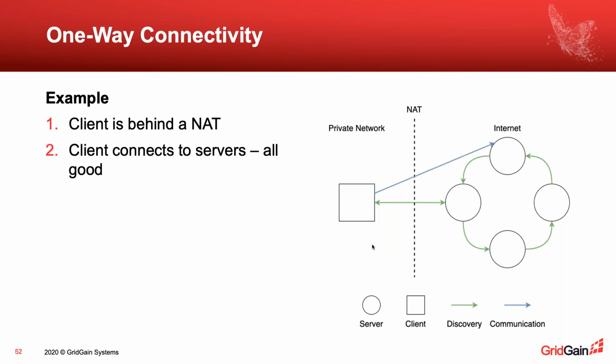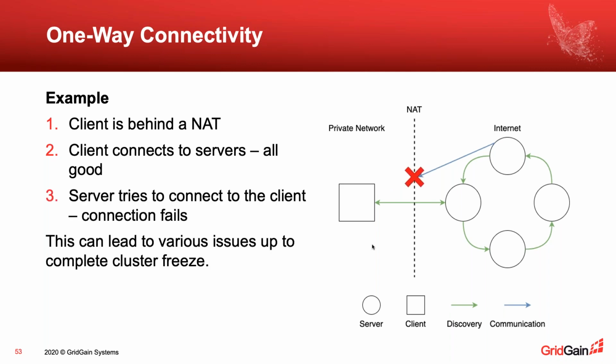So when we start working, the client just connects and it just works well. But at some point, you remember that all nodes are equal and any node can connect to any other node. At some point, a server node may try to establish a connection back. It may try to initiate the connection itself. And practice shows that at some point it will happen.